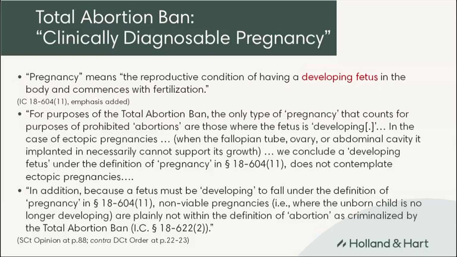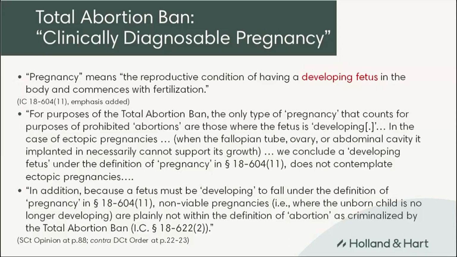So because the statute prohibits an abortion of a clinically diagnosable pregnancy, and pregnancy only applies to a developing fetus, the Supreme Court said that to trigger the abortion ban, that fetus must be developing to fall under the definition of pregnancy. Therefore, non-viable pregnancies, that is where the unborn child is no longer developing, are plainly not within the definition of abortion as criminalized by the total abortion ban.